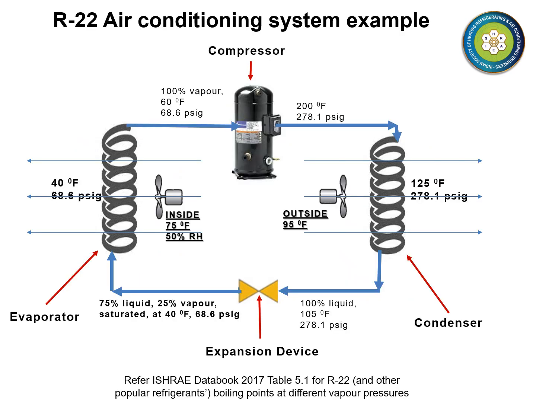This slide is intended to give you an idea of the orders of magnitude of the temperatures and pressures encountered in the refrigeration cycle of an air conditioning system. The schematic is perhaps of a simple 1-ton R22 refrigerant based room air conditioner, which is maintaining the room air at 75 degrees Fahrenheit, 50 percent relative humidity, while the outside ambient air is at 95 degrees Fahrenheit.